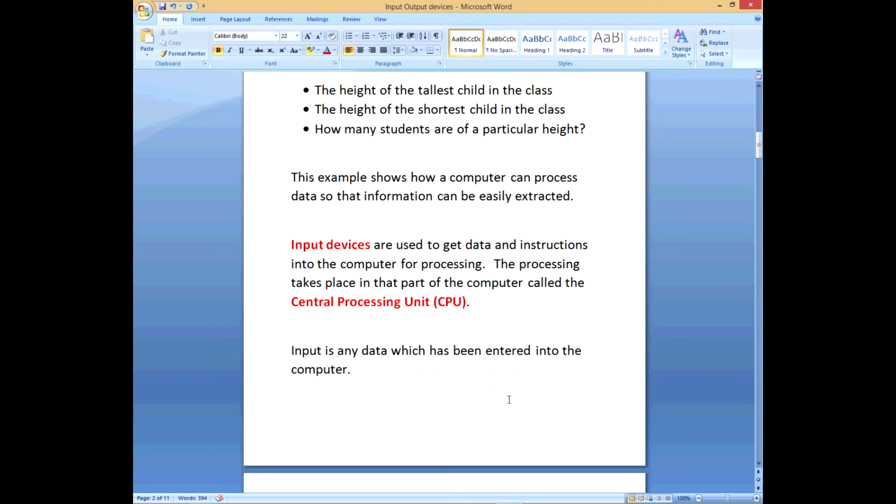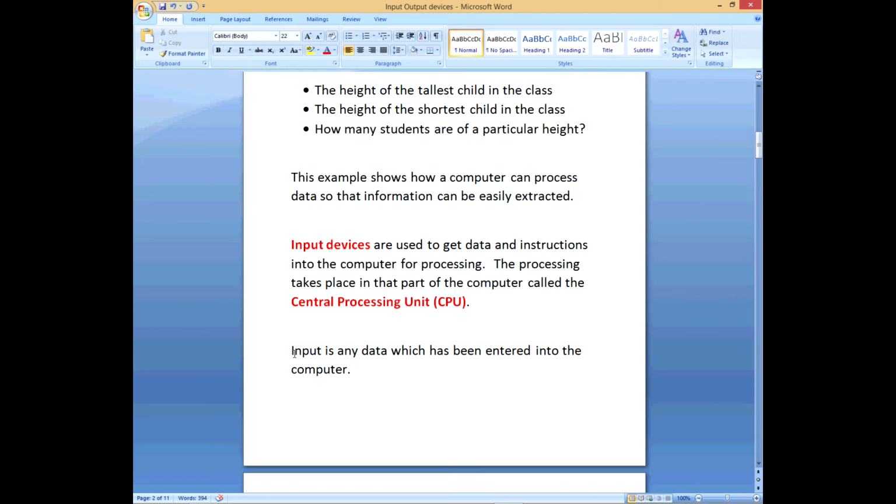Okay. Input is any data which has been entered into the computer. So we now know what is an input device, a device used to get data and instructions into the computer. And now we have a general definition of what is input, any data which has been entered into the computer.